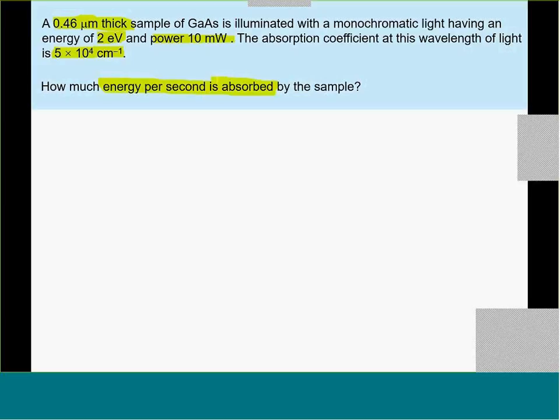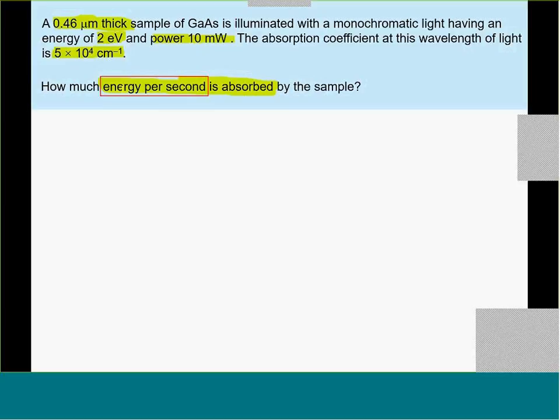Okay. So now we know what's the power and we know what is the absorption coefficient. Of course, it's possible for us to calculate the energy absorbed per second because you know already the incident and the transmitted, and the relationship between them. So naturally it's possible for you to find the energy absorbed per second.